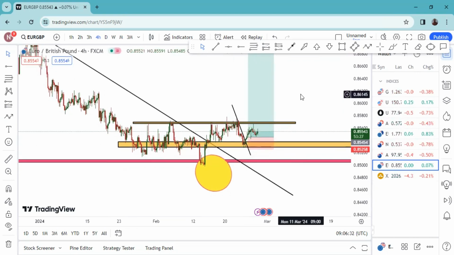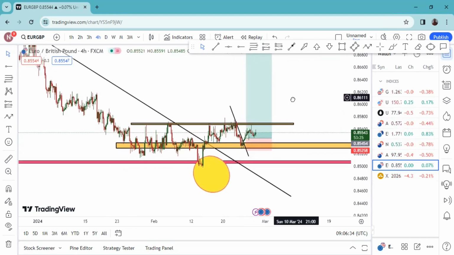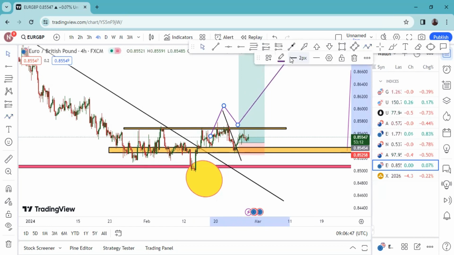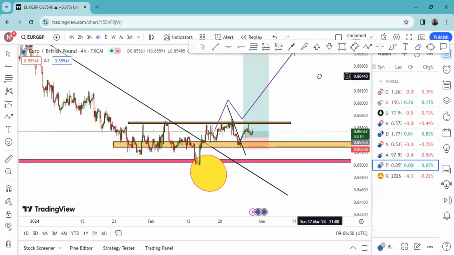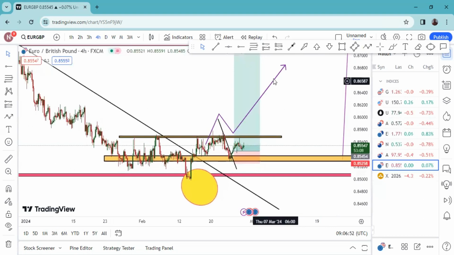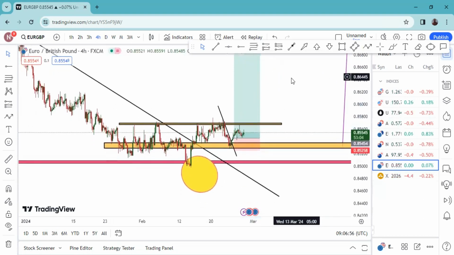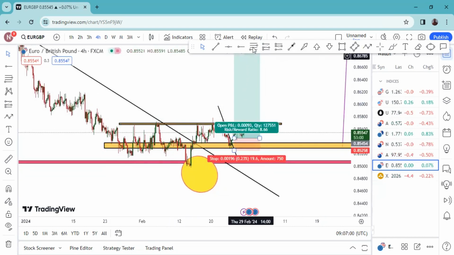According to me, I thought that if I could wait for this market to break this, then at least my bias would be clearer. But what I did here, the market just broke this level up to here.